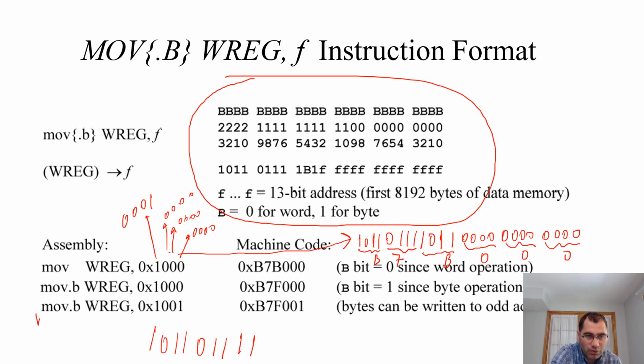So now we are working on this one. B is going to be obviously 1. It's a byte operation because we have .b here, and then F is going to be the binary equivalent of 1001, right?